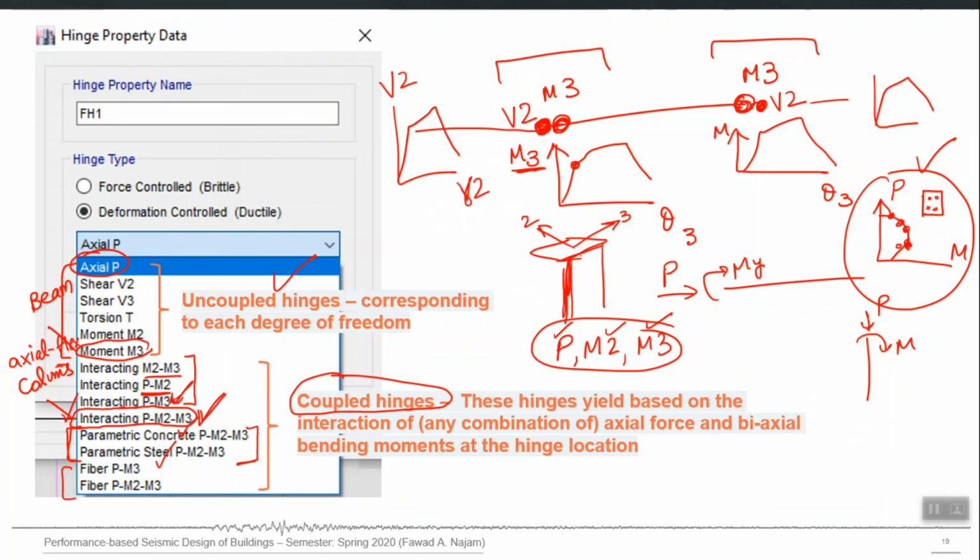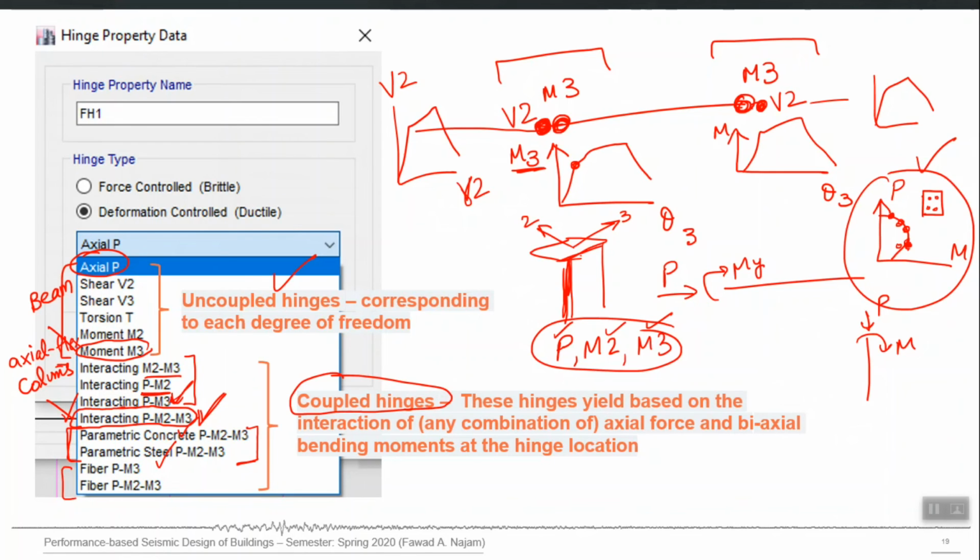So mathematically those links and these hinges are the same thing, right? It's just that they are used for different purposes and the templates to define them are named differently in this particular program. I was saying that Perform 3D has far more nonlinear capabilities compared to these ones.